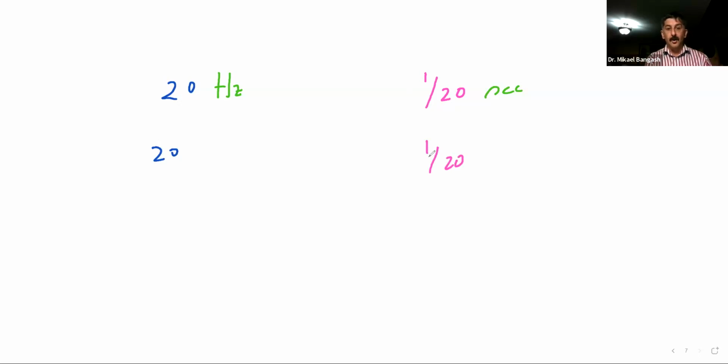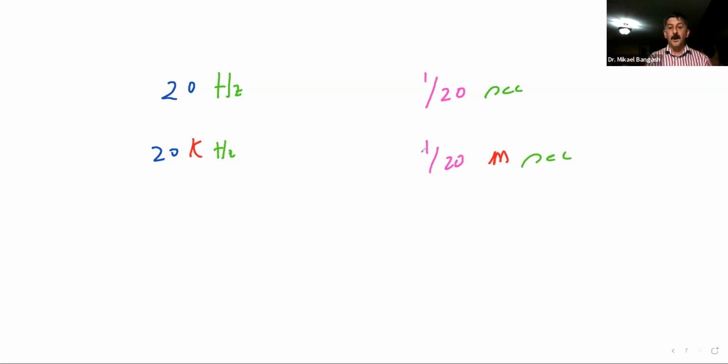But if we go from hertz to kilohertz, then the reciprocal of kilo is milli.